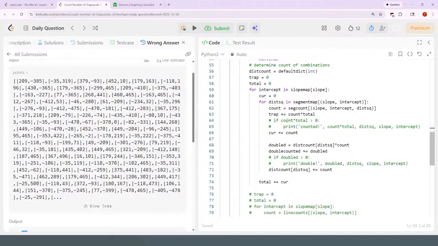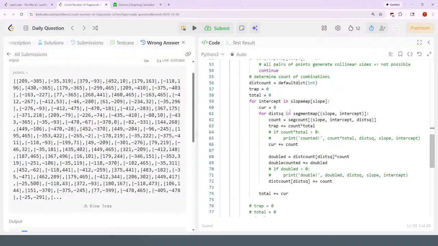Okay. So, number of trapezoids. It's too off. How could it possibly be that correct, but that slightly incorrect? Is there an edge case this is missing?